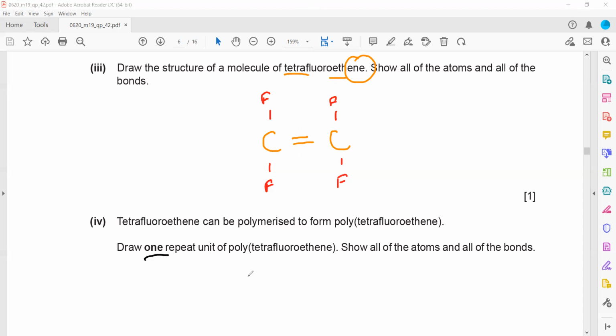And we have to draw only one repeat unit, only one unit we have to draw. So we'll break the double bond.